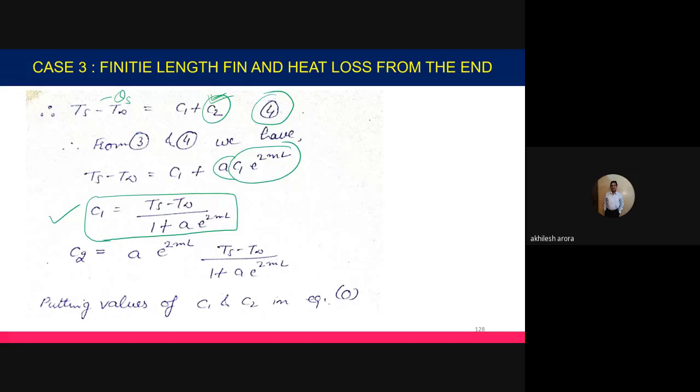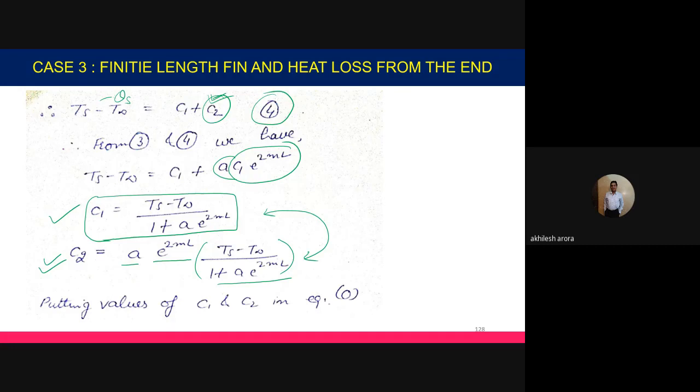And C2, as you know, is equal to A into e raised to power 2ml into (Ts − T infinity) divided by (1 plus A into e raised to power 2ml). So basically, by doing all this analysis by applying the energy balance at the end of the fin, we are able to calculate the value of C1 and C2. And that is basically what we require.